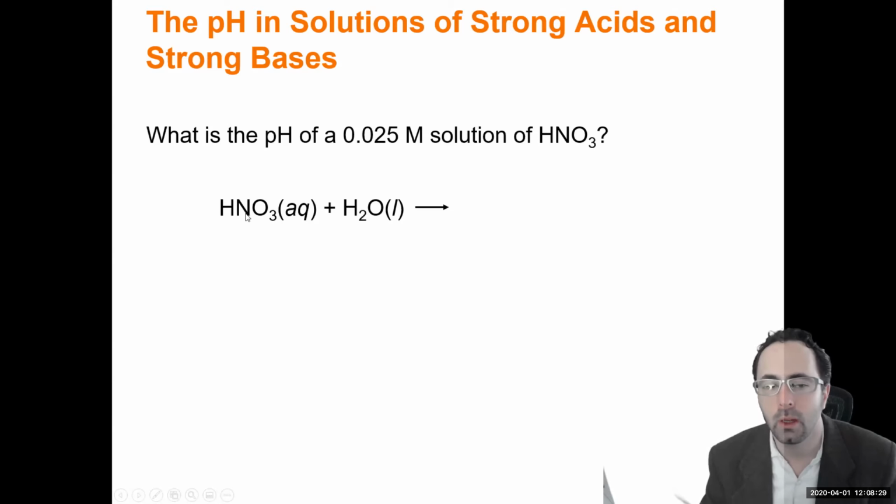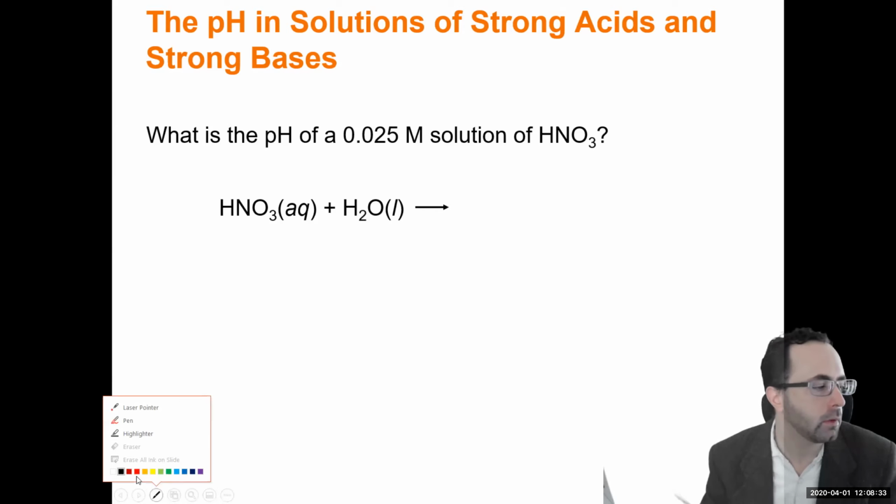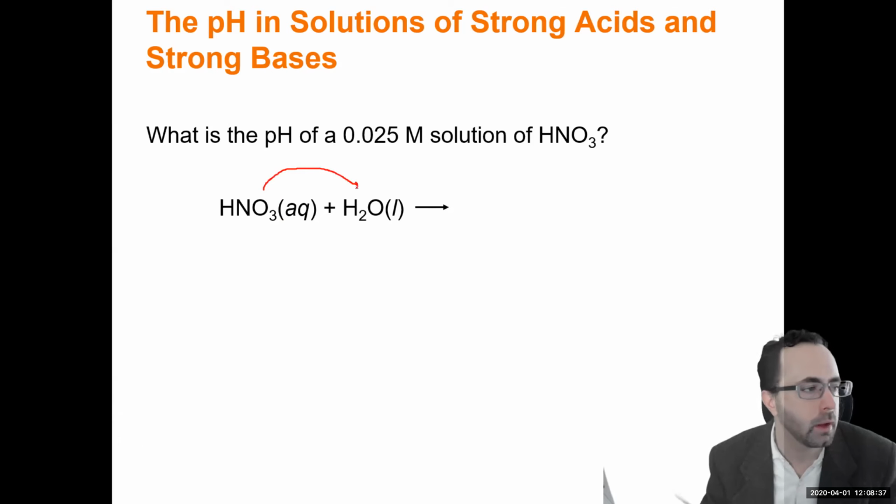Okay, and when it dissociates, it's going to give its proton to water. The H plus goes from the nitric acid over here, right? And so the HNO3 is going to lose an H plus. What will be left of HNO3 is no H. It will be NO3.